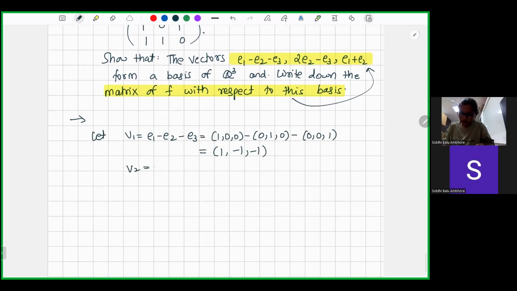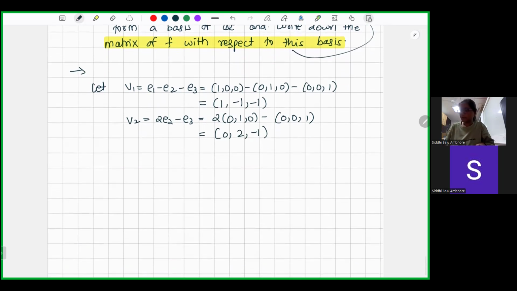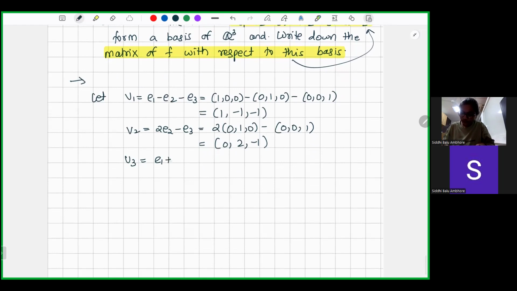My V2 is 2E2 minus E3. That is 2 times (0, 1, 0) minus (0, 0, 1), that is (0, 2, minus 1). And my third V3 is E1 plus E2. So this is (1, 0, 0) plus (0, 1, 0), that is (1, 1, 0).